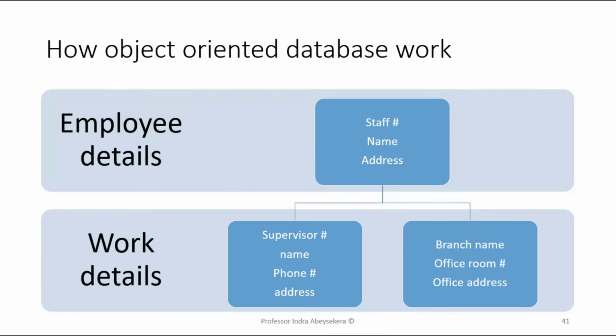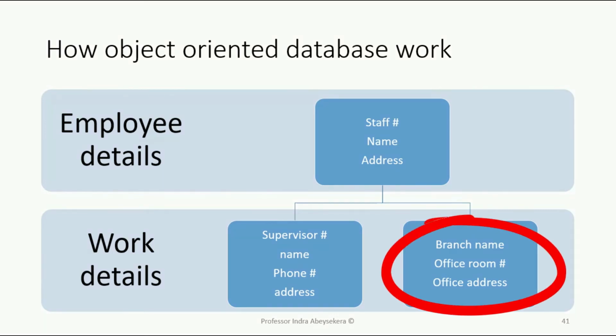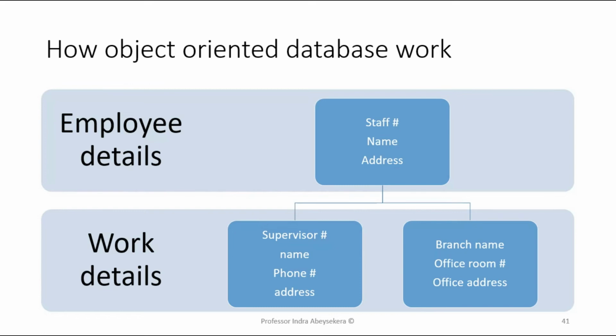The supervisor's name, phone number, and address is there, and then the staff member works in a certain branch. The object is the branch, and there's the branch name, office room where the staff member works, and the office address is also there. So these are the objects.